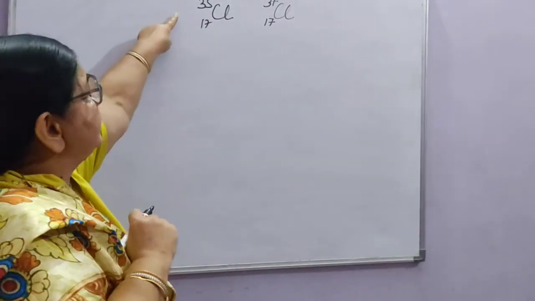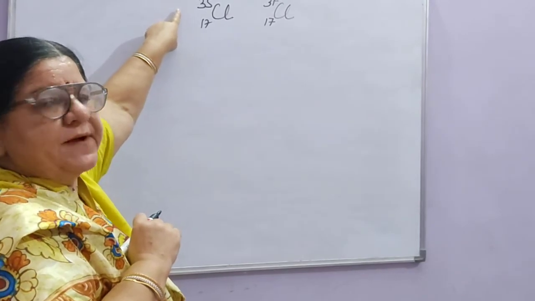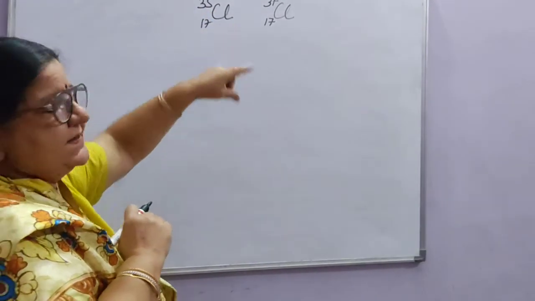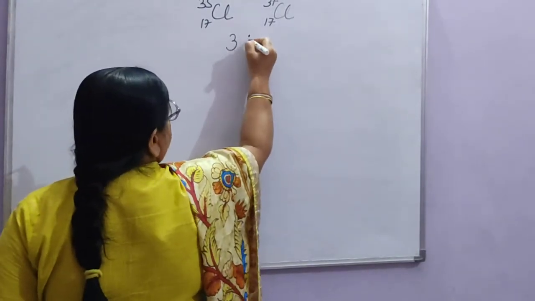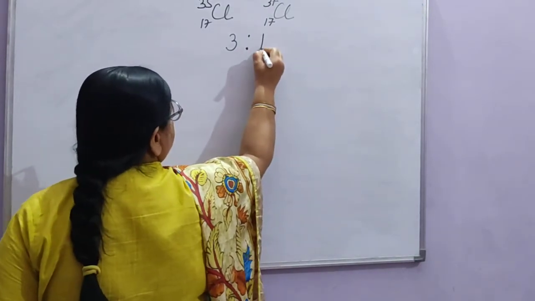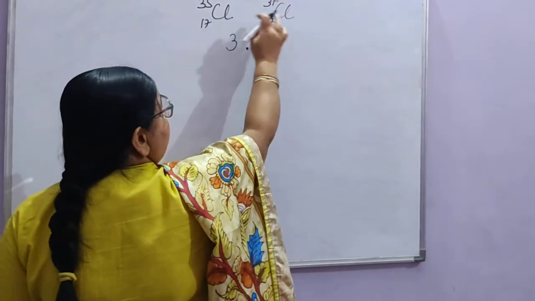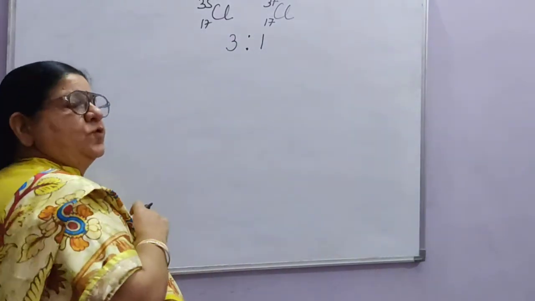Now, some atoms of chlorine may have atomic mass 35, some may have 37. So they always occur in a ratio in any element. If we see, chlorine 35 and 37 occur in the ratio 3:1.